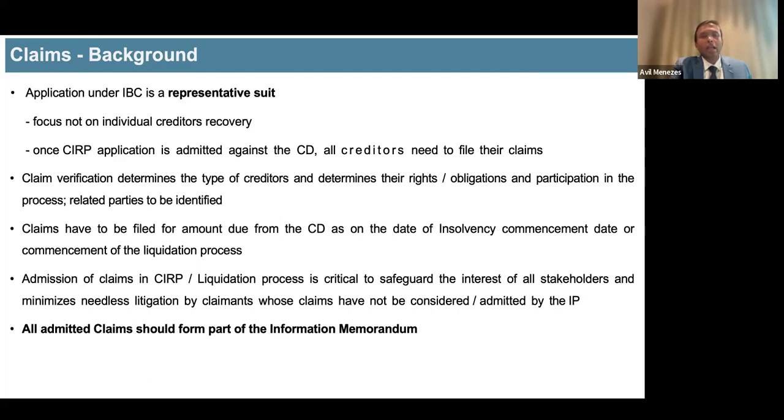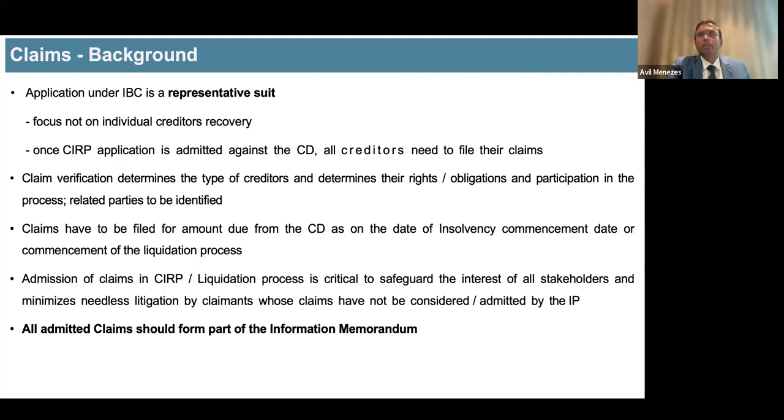Otherwise, a lot of needless litigation will ensue because of only one process, which is the claim verification process. As IPs, we've seen a lot of claim related litigation, which takes up a lot of judicial time at the NCLT. It's also incumbent upon us as insolvency professionals that we apply our mind diligently while following any process under the code, so that litigation would be avoided.